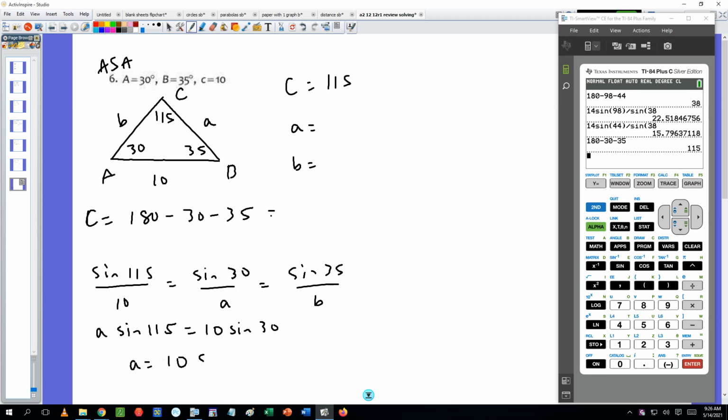Divide. Cross multiply this time with the first and the third. B. And then I'll divide.